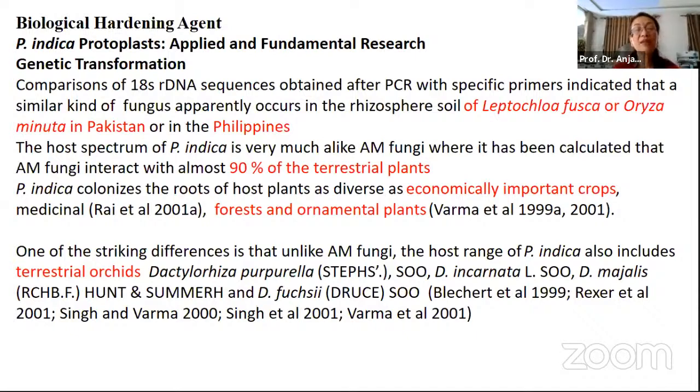One of the striking differences is that unlike AMF fungi, the host range of P. indica also includes terrestrial orchids. Earlier I have already told you that orchids are also incorporated with this P. indica, and it gives a very good proliferation of the orchid plants.